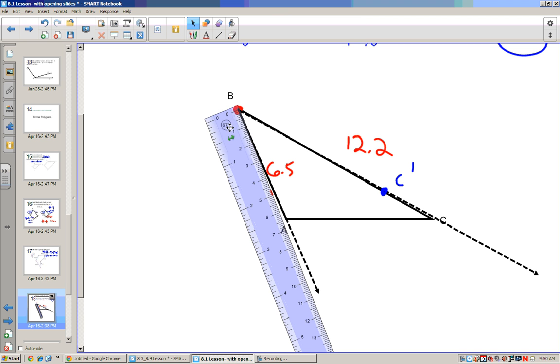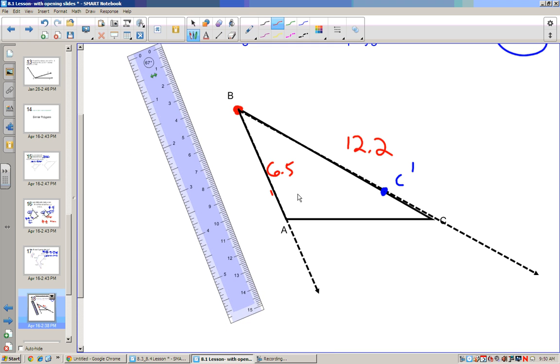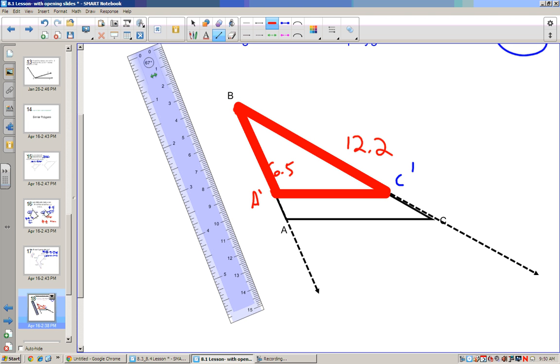So now I can move this away. I have my point here, which is now my A prime. And my new triangle, let's just make it big and red. This is going to be my new triangle, which is a similar triangle to the bigger triangle, because dilations make similar triangles, but it's 3/4 the size.